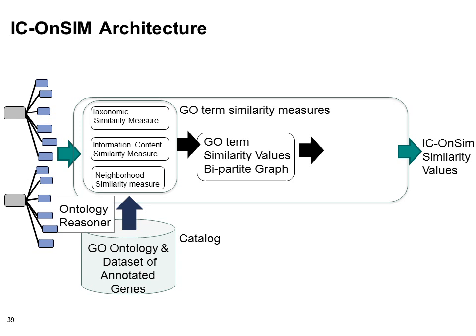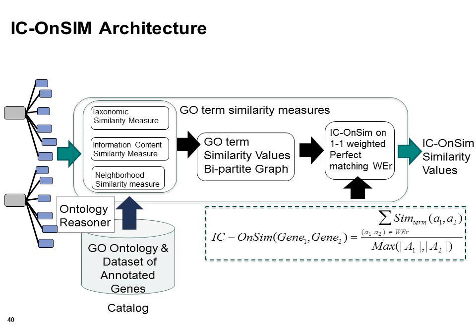These three values of similarity are combined to build a bipartite graph between the GO annotations of two GO annotated genes. From this bipartite graph, the one-to-one weighted perfect matching is computed.